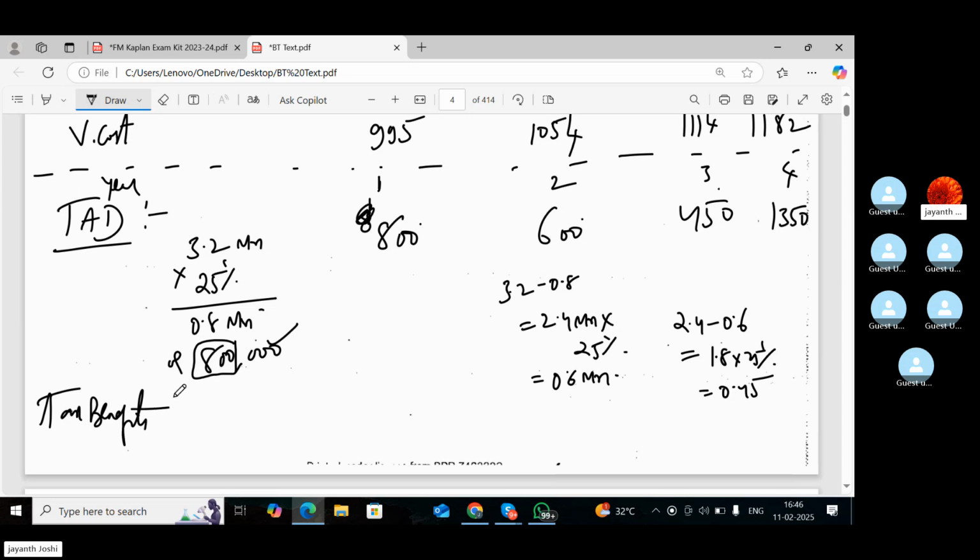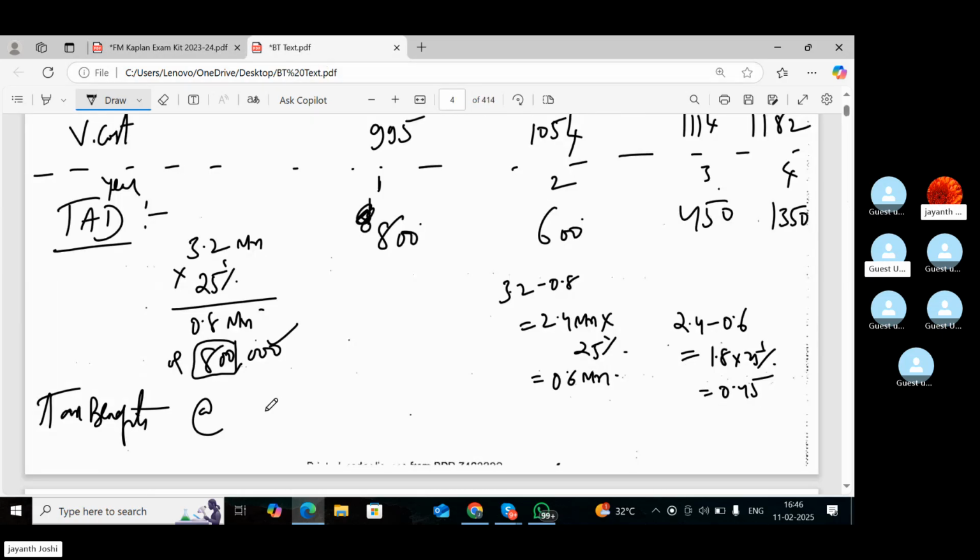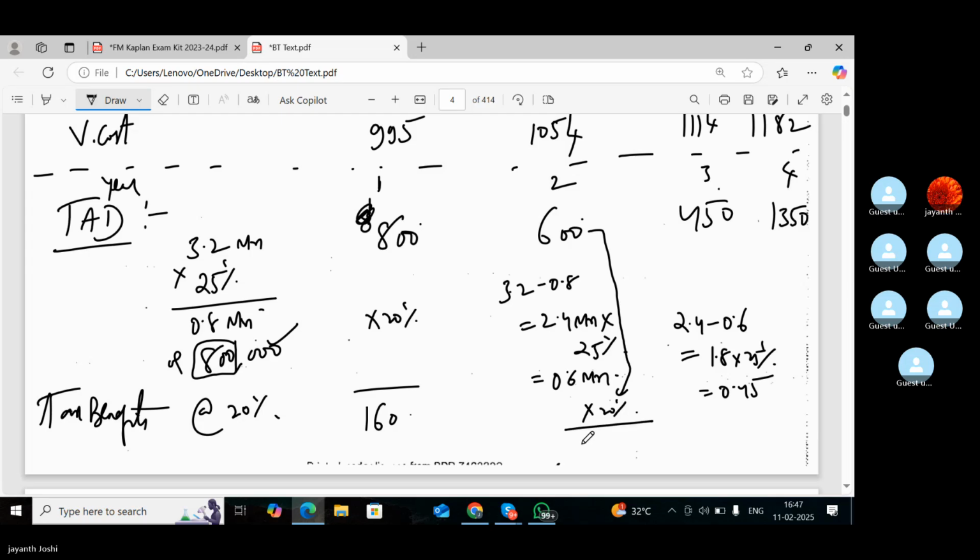So now tax benefits at the rate of, what is the corporation tax? 20%. So apply this 20% on this, you will get 160. Again, this into 20%, 120. This again into 20%, 90.